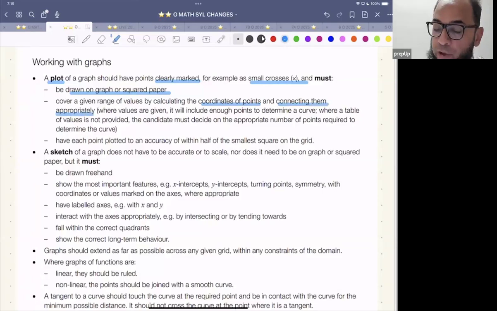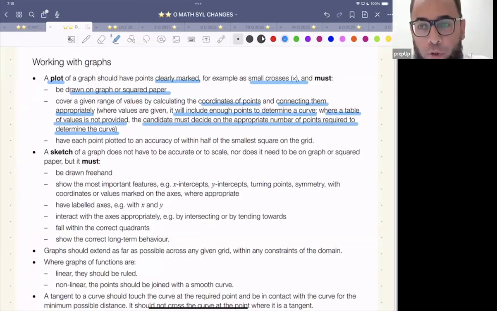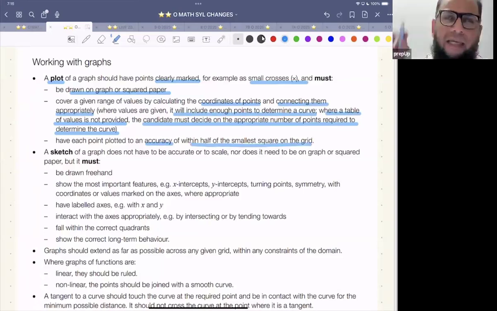Where values are given, it will include enough points to determine a curve. Where a table of values is not provided, the candidate must decide on the appropriate number of points to determine the curve. And we will see this when we go over graphical solution of equations. Have each point plotted to an accuracy of within half of the smallest square of the grid. In short, just put the dot with a cross as accurately as possible.